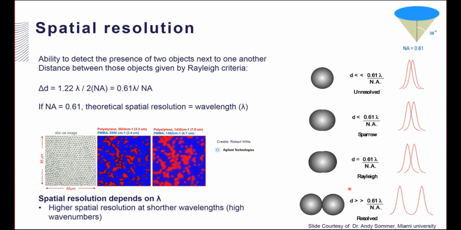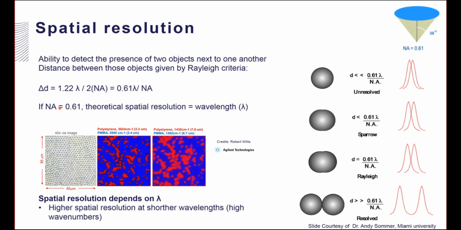When we do imaging, we also need to know about spatial resolution: the ability to detect the presence of two objects next to one another, and the distance between those objects is given by the Rayleigh criterion. Again, the same formula, 0.61 multiplied by the wavelength and divided by the numerical aperture, which is related to the objective that we use.